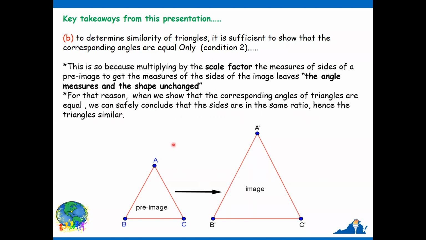This is a very important observation, and always remember that if we are to check whether two given triangles are similar, it's enough just to check their corresponding angles. When the corresponding angles are equal, then we can conclude that the corresponding sides are in the same ratio, for the reason that multiplying by a scale factor doesn't affect the angles nor the shape.